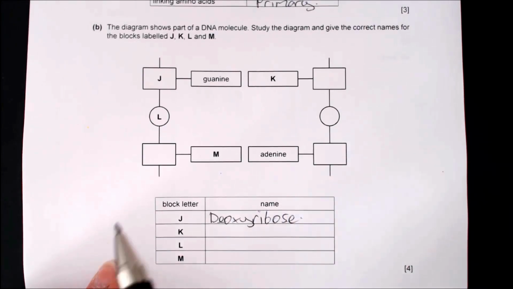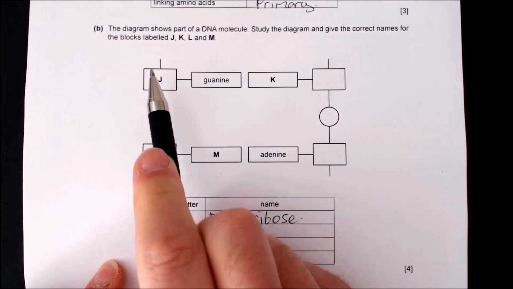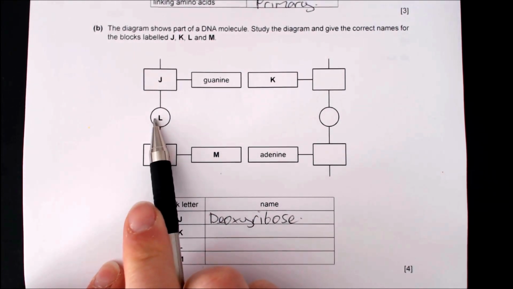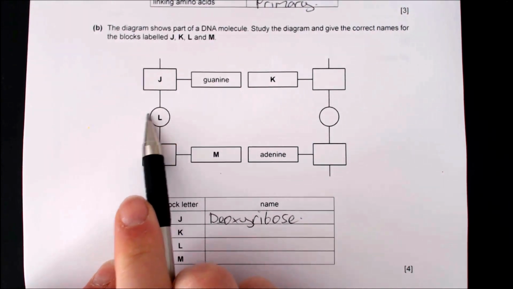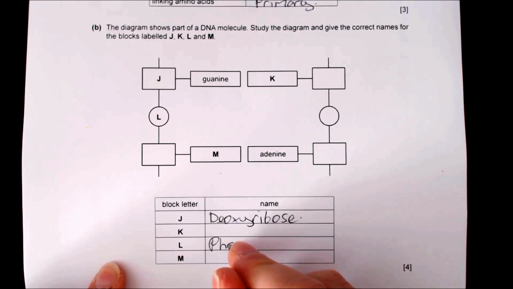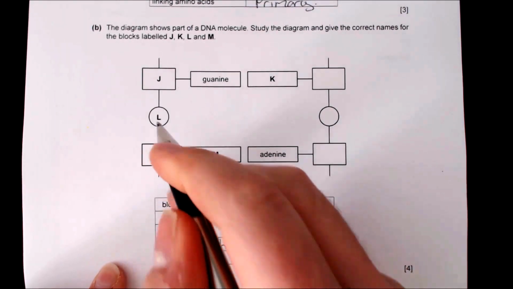And these sugars, we'll just look at L because it's attached to it. The sugars are joined in between by phosphate. This is the phosphate backbone, so this is the L. So L is actually the phosphate. Okay, so obviously that's attached there.